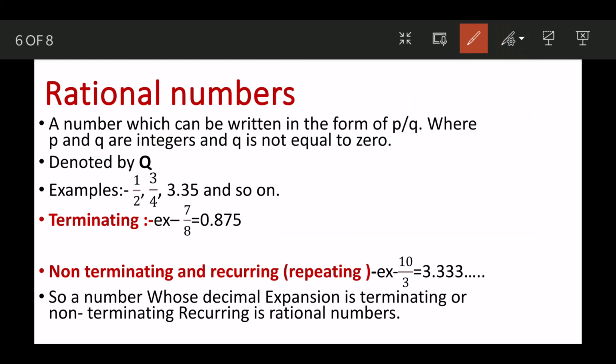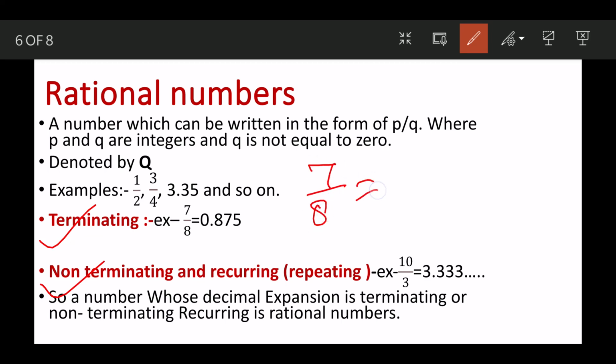So this means q is not equal to 0, and the set is denoted by capital Q, which means quotient. Next, here are some examples of rational numbers: 1 by 2, 3 by 4 and 3.35, and so many, infinitely many rational numbers are here. Here, for rational numbers we have two cases: terminating, and non-terminating recurring or repeating. Let's take the example 7 by 8.